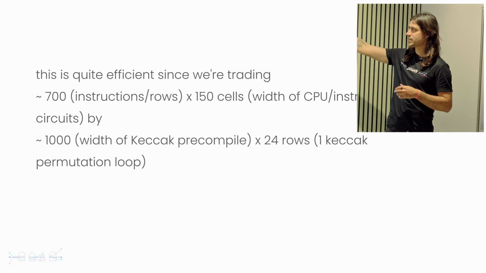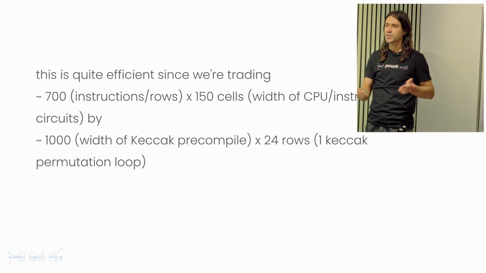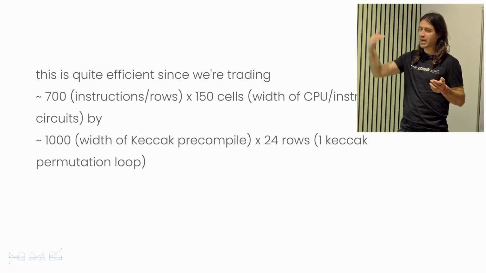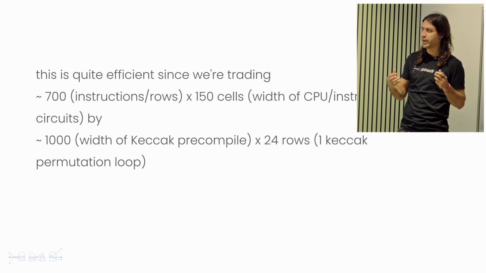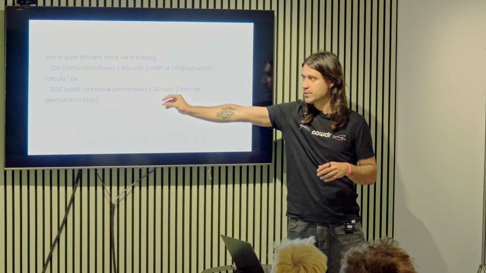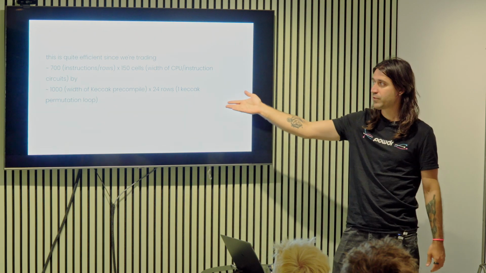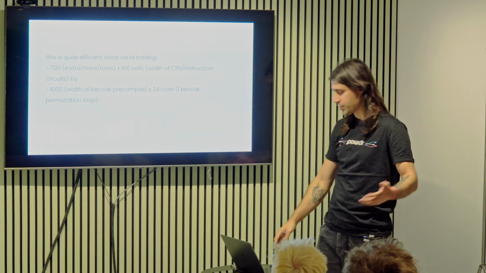So you're trading that for a large chip. Now we have 1,000 columns or more in this new AIR, but we have very few rows, and we can basically compress all this generic computation into this amount of specific computation. And this will give us a lot of benefits, improve time and recursion and so on later on.